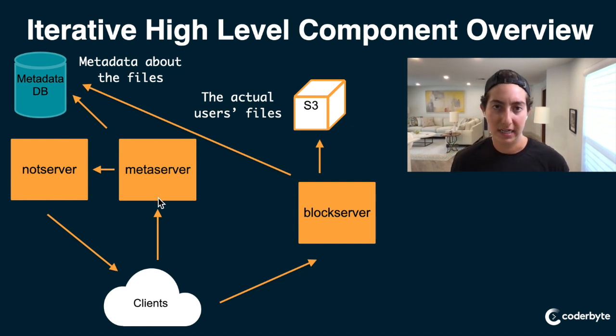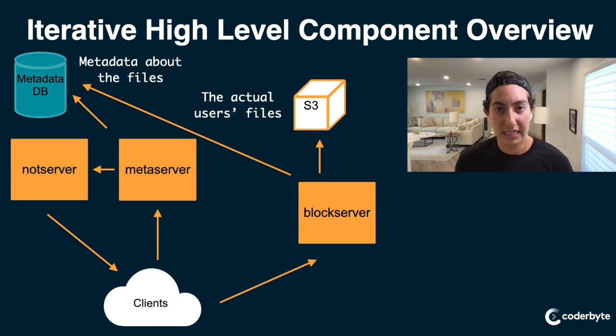Now, what is the metadata about the files? The metadata about the files is, what are the files? Who do they belong to? Where are they? And there's this concept of a block server, because to always be saving and reading and writing full files is very expensive.